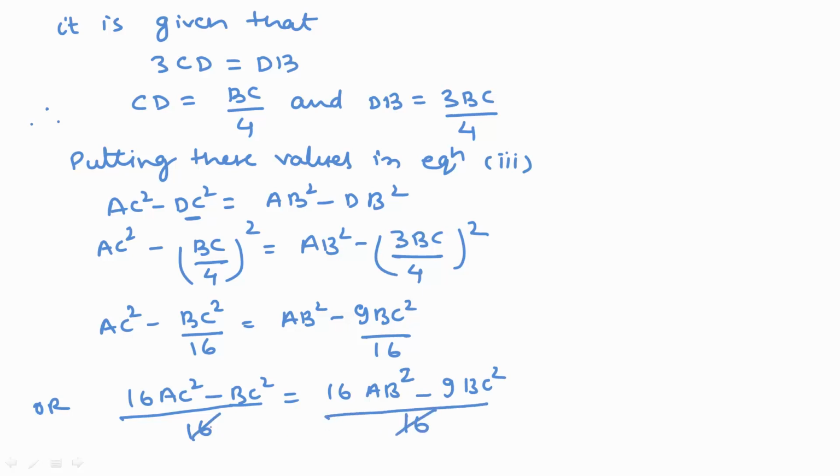16 and 16 cancel out. This will be 16 AC square minus BC square is equal to 16 AB square minus 9 BC square.